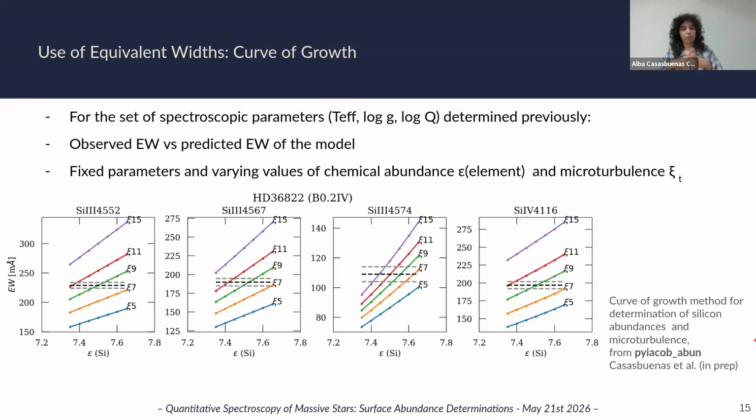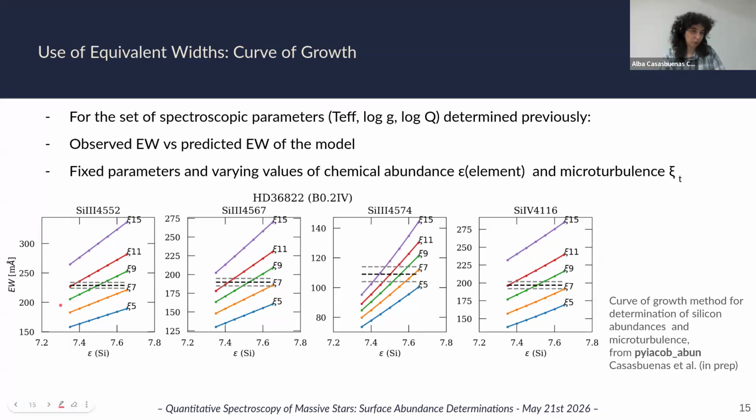So once we have all of the lines measured, for the set of spectroscopic parameters that we had to determine previously, we can compare the observed equivalent width of each line with the predicted equivalent width of the models with different values of chemical abundances and microturbulences. Here I show an example for some silicon lines.